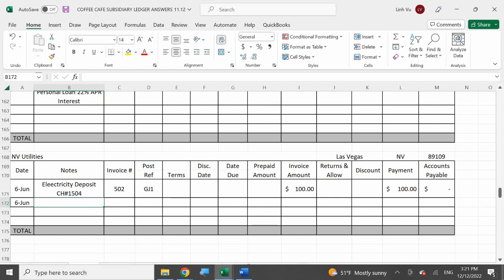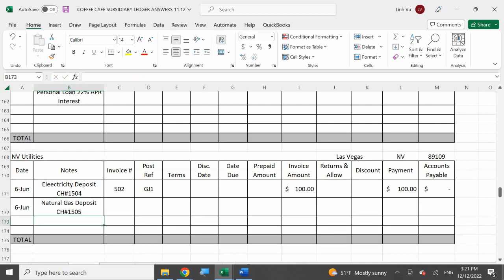So in this case, right here is a natural gas deposits, and proof of the transaction is 1505 for 552. Still on page 1. And once again, this is another $100 payment that was required, right?